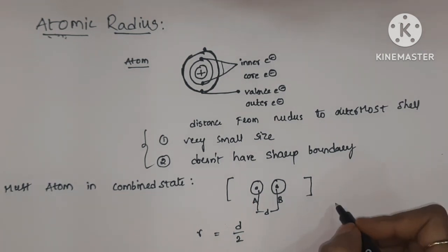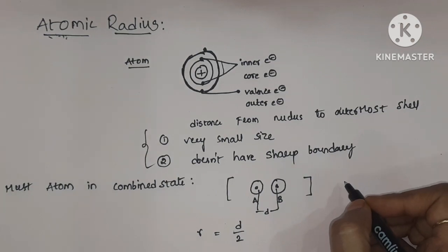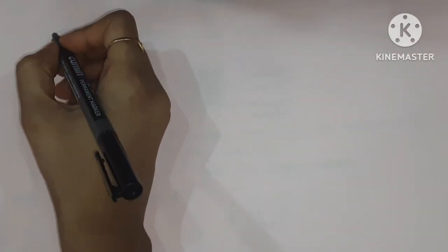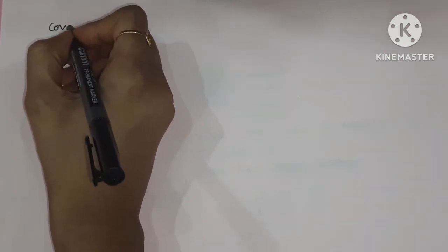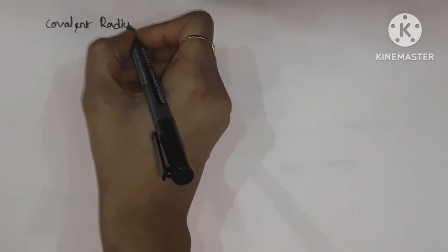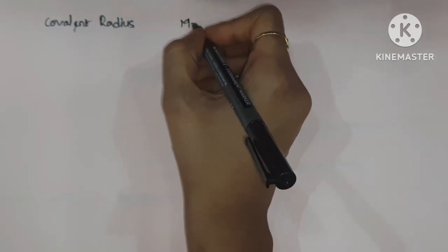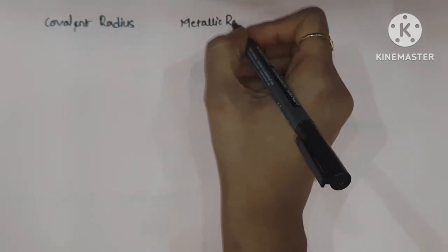I am going to explain different types of atomic radius also. The different types of atomic radius are covalent radius and metallic radius, right?